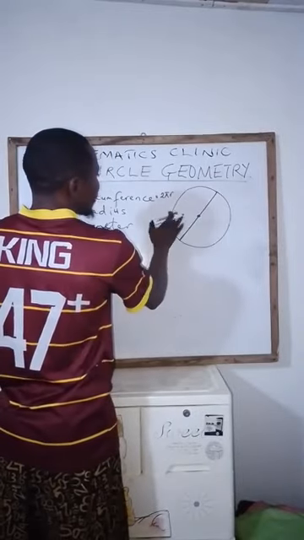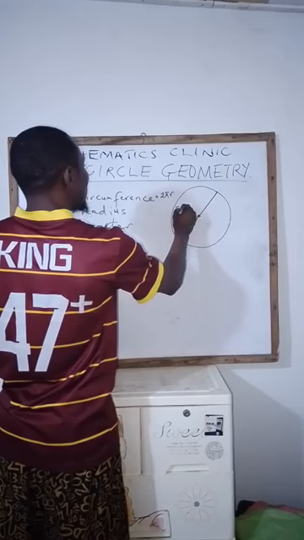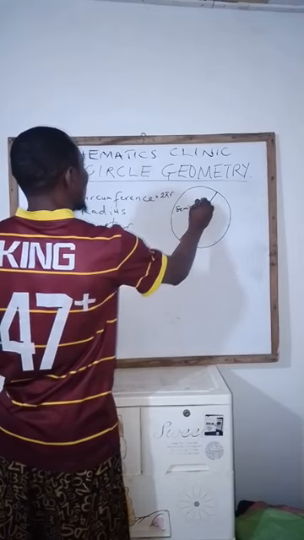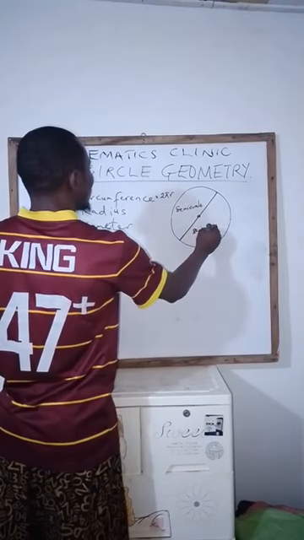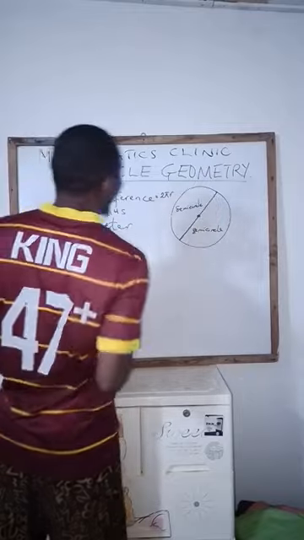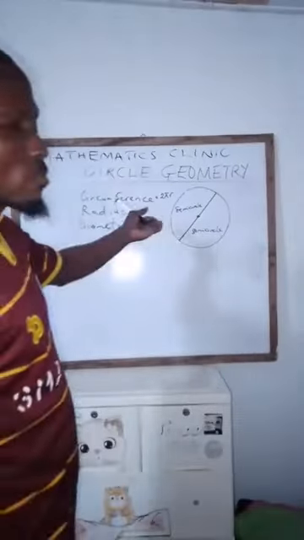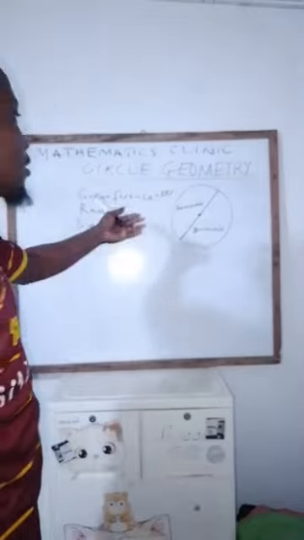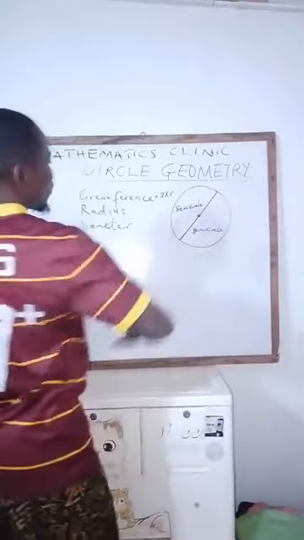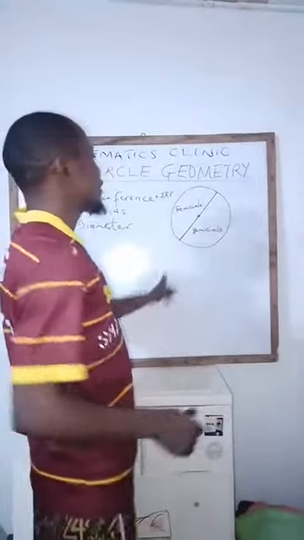So the diameter divides a circle into 2 equal parts, meaning the part here is called a semicircle. The other part is also called a semicircle. So 2 semicircles make 1 circle. Isn't it? Yes, that is it. So that line that divides the circle into two equal parts is called a diameter.